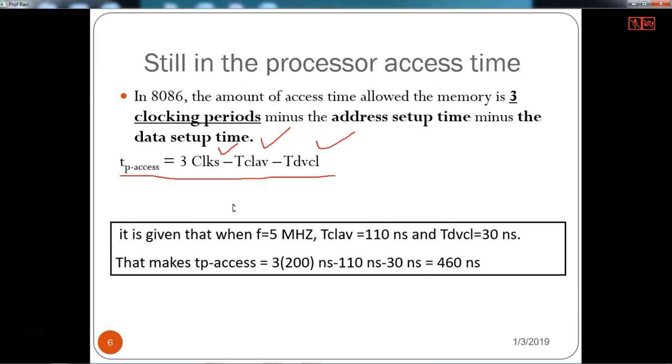It is given that when the frequency is 5 megahertz, and this should be mentioned by the manufacturer, TCLAV is the address setup time, and then there is the data setup time. That means when the processor gives the address, the memory address needs to be activated, and from that a byte has to be fetched on the data bus.